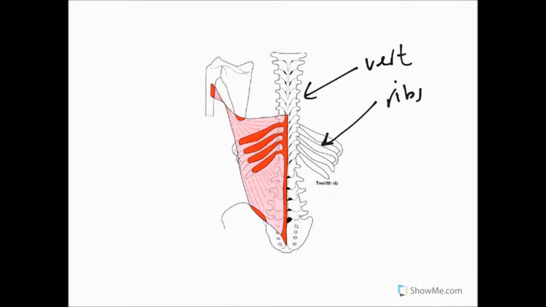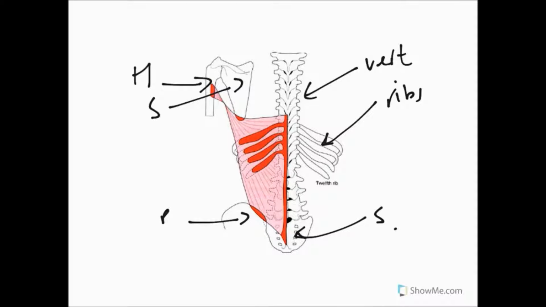You can see these overlying red parts to the muscle which show attachments. We've got the pelvis here as well, scapula up here, and this is the humerus of course here, and we've got the sacrum down here as well, and you can see that it's labelled with the 12th rib.